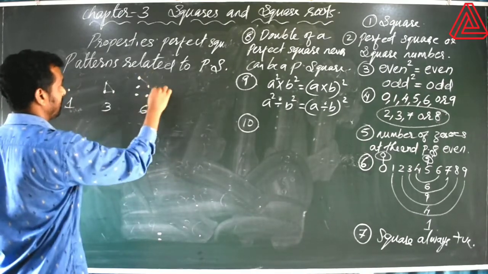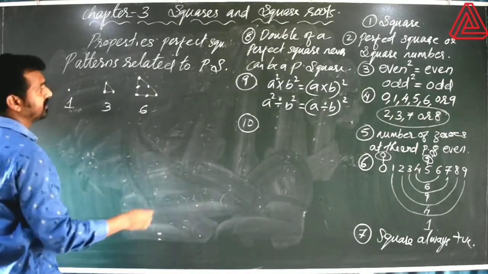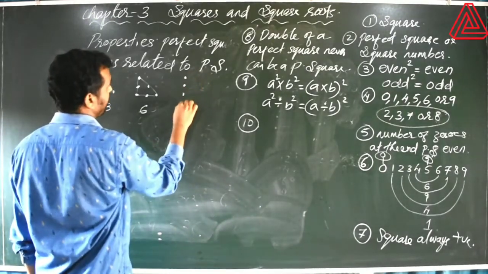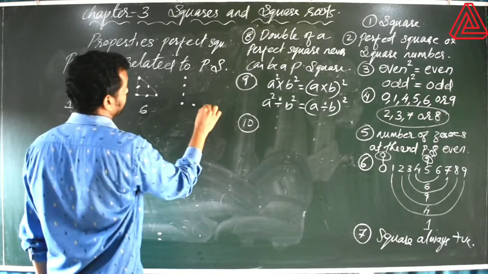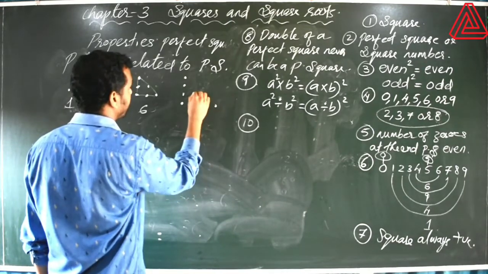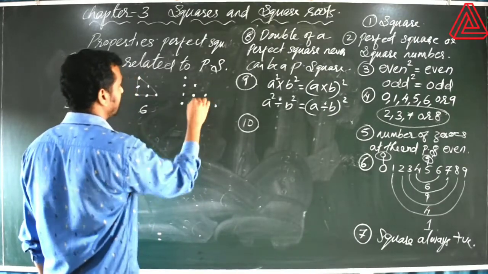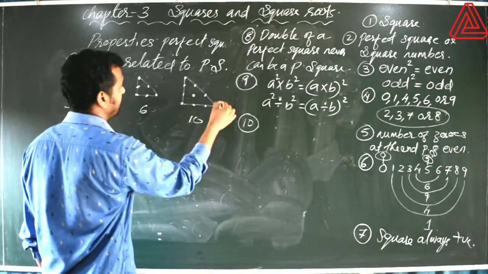See this one, it is like a triangle. Now next one is 1 2 3 4 5 6 7 8 9 10. 10 is a triangular number. This way we can make it as a triangle.